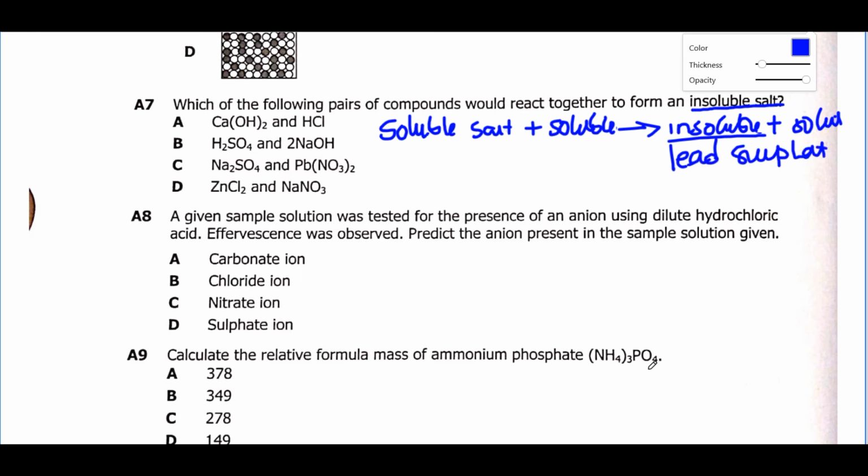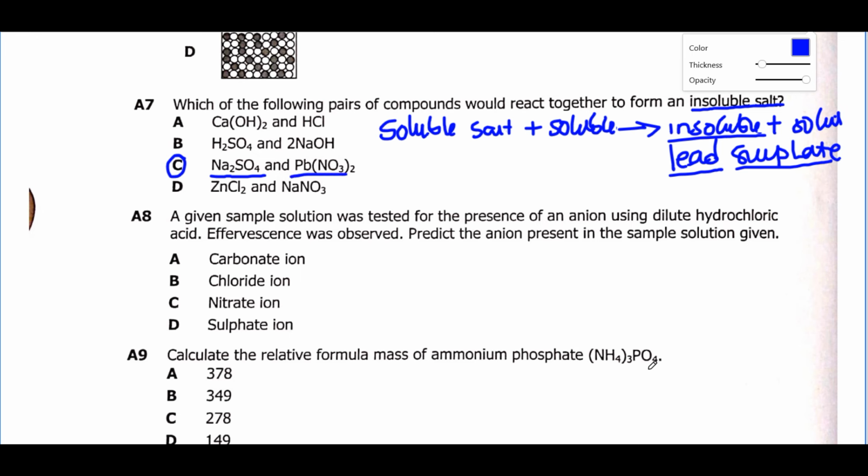Let's say, for example, we go for lead sulfate, which is an example of an insoluble salt. How can we prepare lead sulfate? We are going to choose 2 reactants. One must have a lead ion and the other must have a sulfate ion. But we have to make sure that the 2 reactants we choose are in a soluble state. So here the answer is C, because sodium sulfate is an example of a soluble salt.